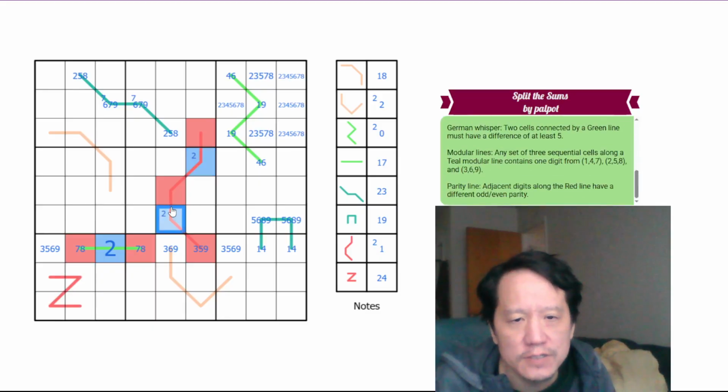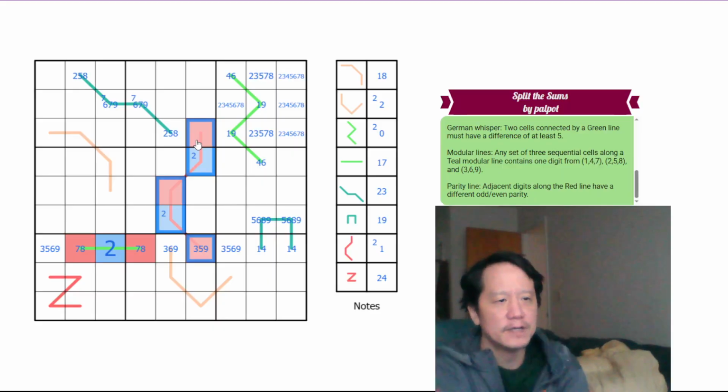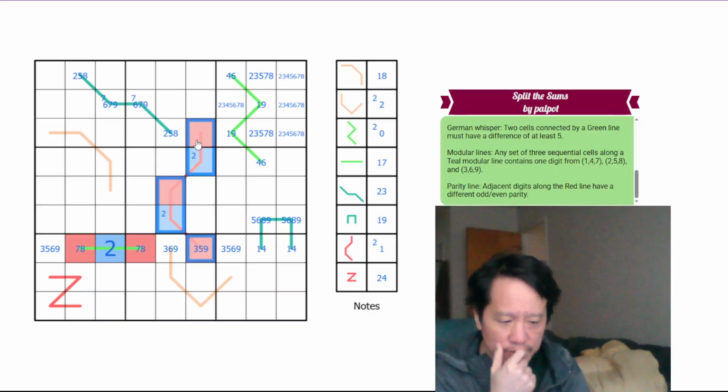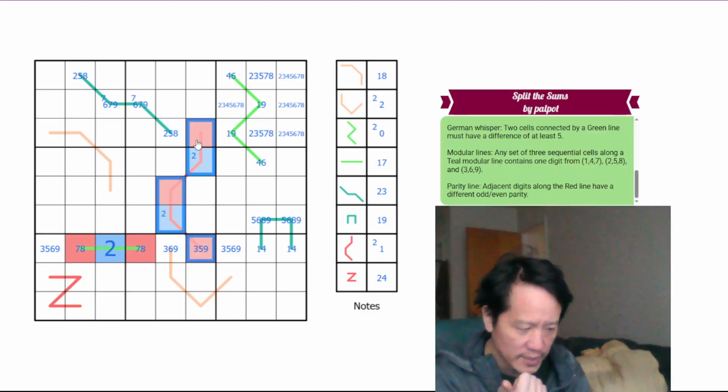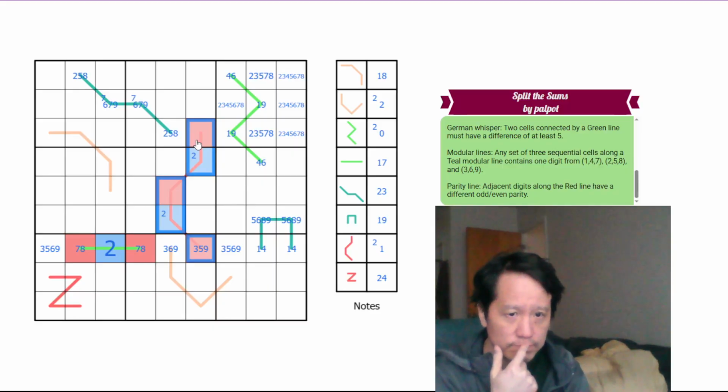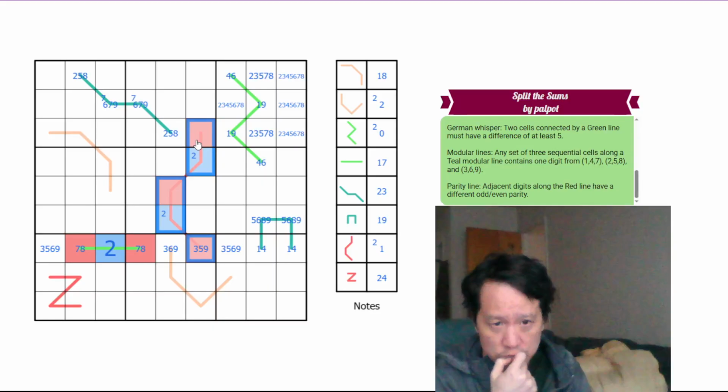This is guaranteed to have a 2, so the remaining 4 digits here must add up to 19. Can you have it without a 1? 2, 3, so it would be 357. Yes, you could have 357, and can you ever have a 9? I guess 159 with 4 works.